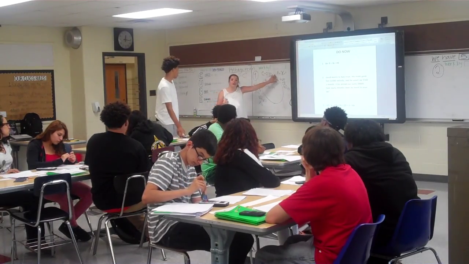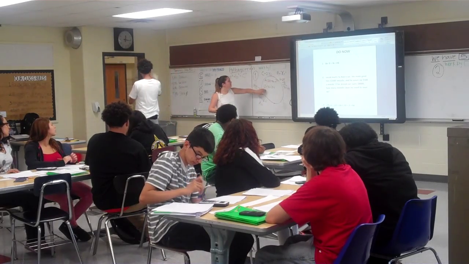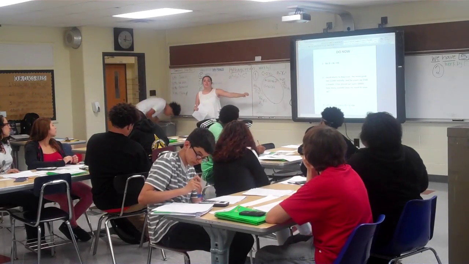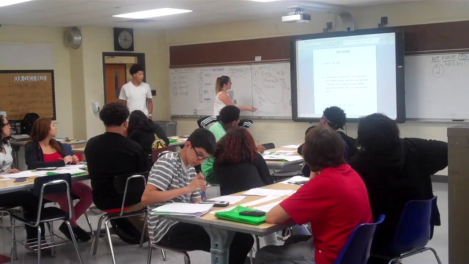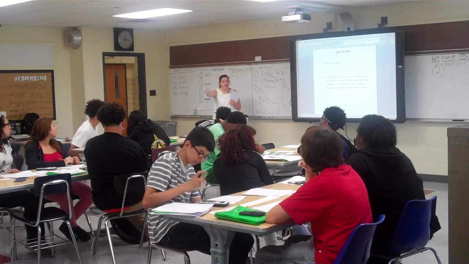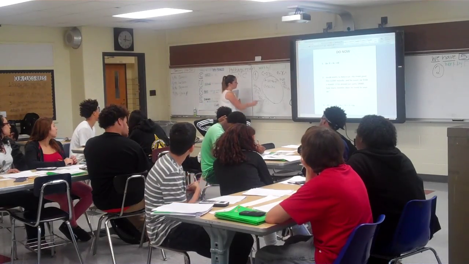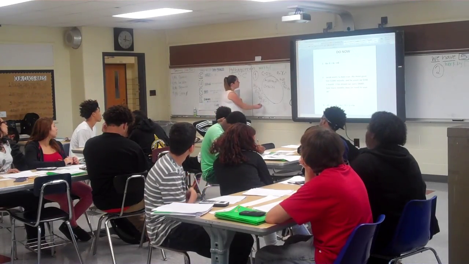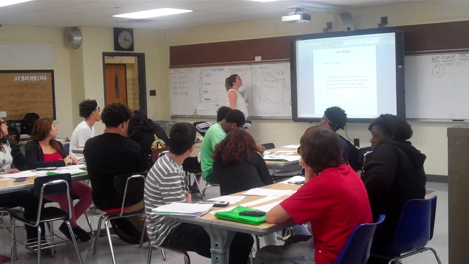If you have the area already, you can get the radius by dividing by pi, and he found 64 equals r squared. Found the square root, r equals 8. All you have to do is plug that number back into this equation, and you can find the circumference.